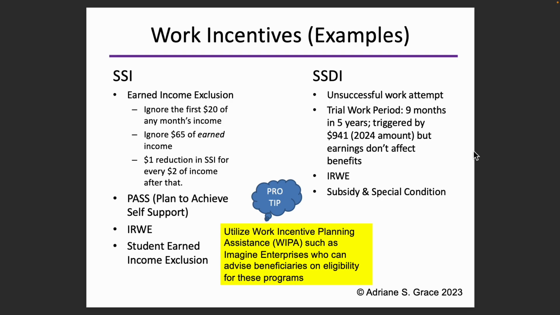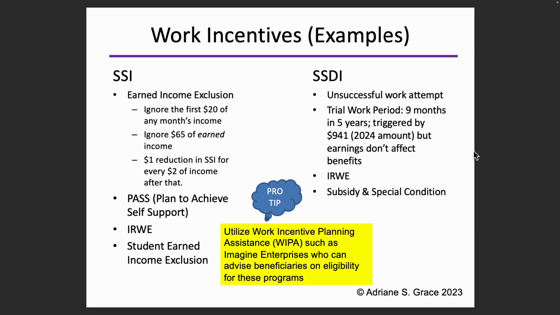And what these programs do, without going into too much detail and confuse you, is they kind of let you earn a little bit more money and basically I guess they give you further reductions on your earned income than the basic 20 and 65.